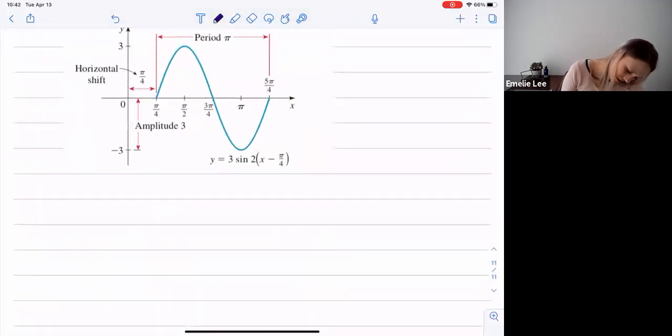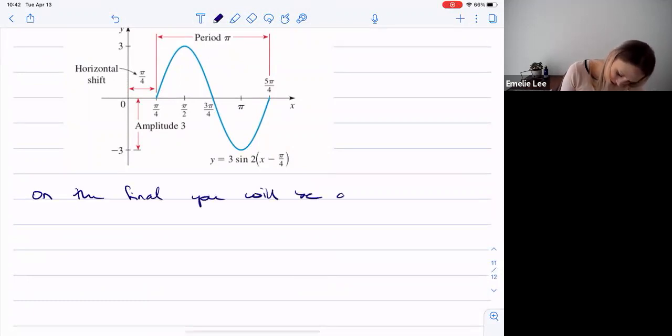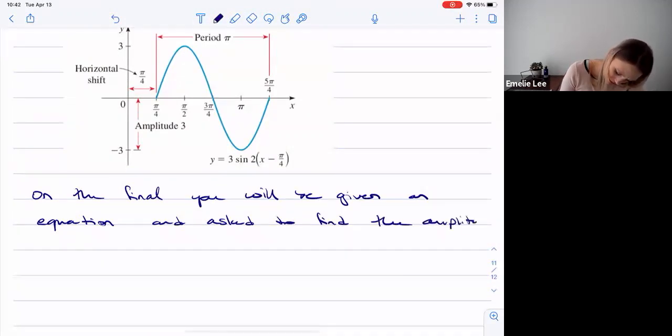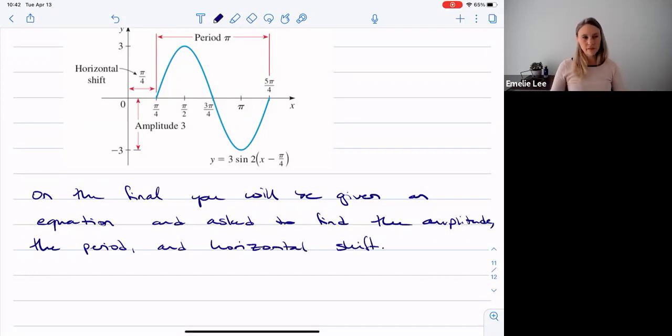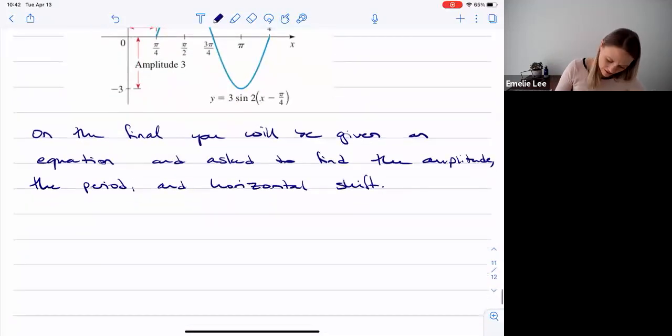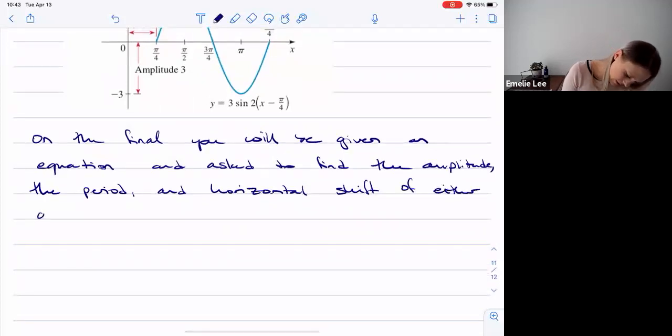So on the final, you will be given an equation and asked to find the amplitude, the period, and horizontal shift of either a sine or a cosine function.